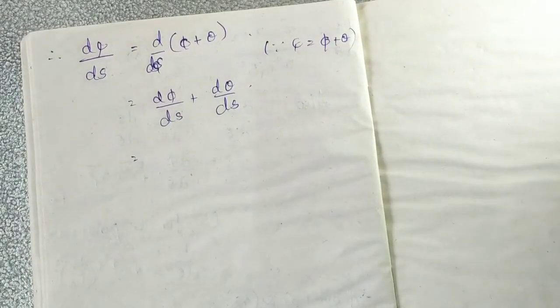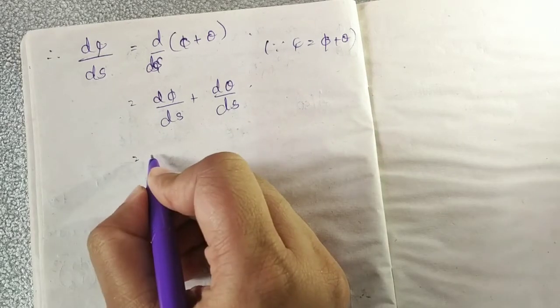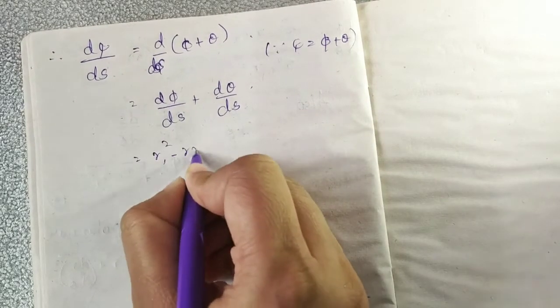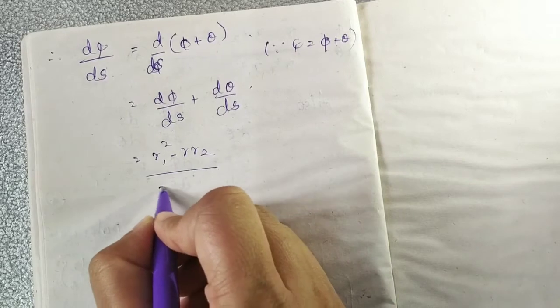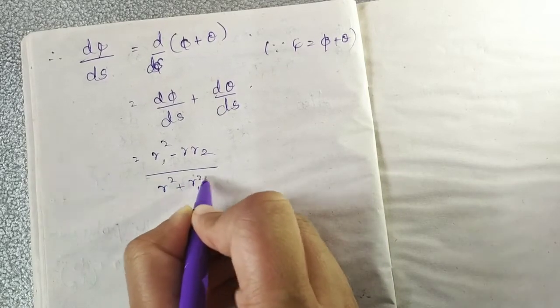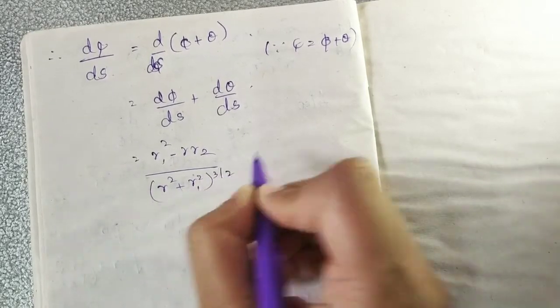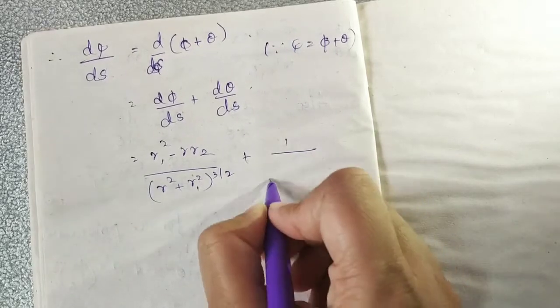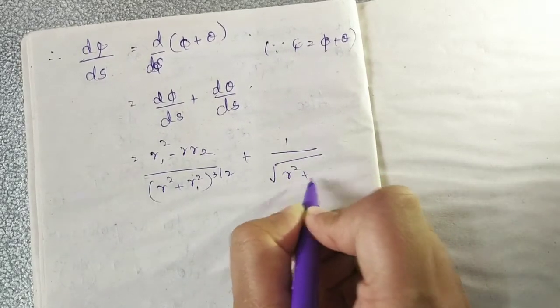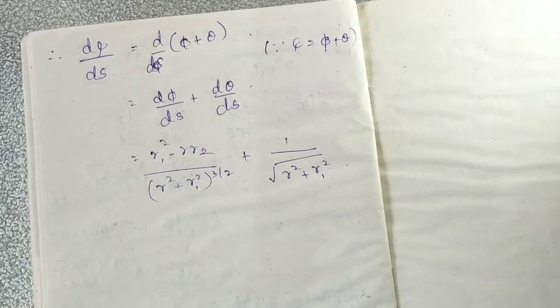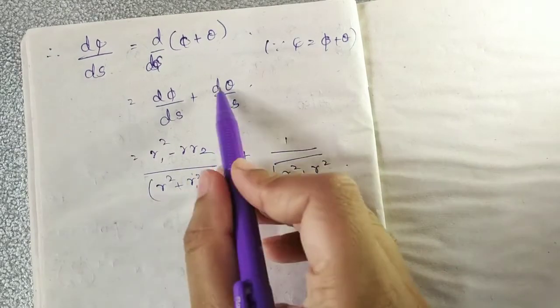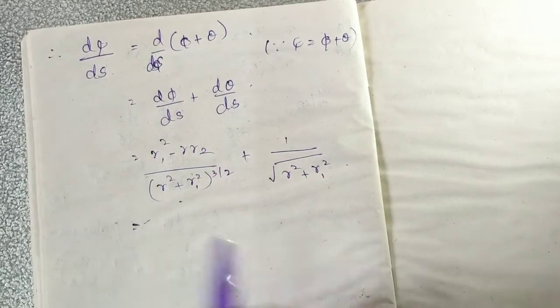Now we have the value of dφ/ds, so we substitute it, which is (r1² − r·r2) divided by (r² + r1²) whole raised to 3/2, plus 1 divided by the square root of r² + r1², which is the value of dθ/ds.